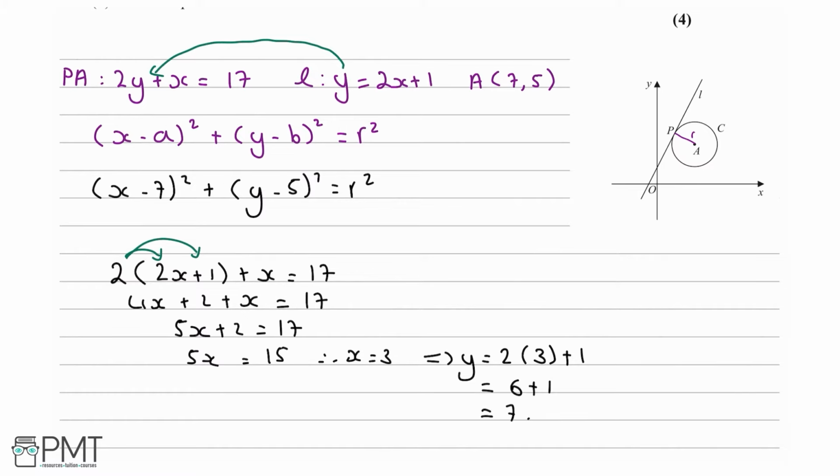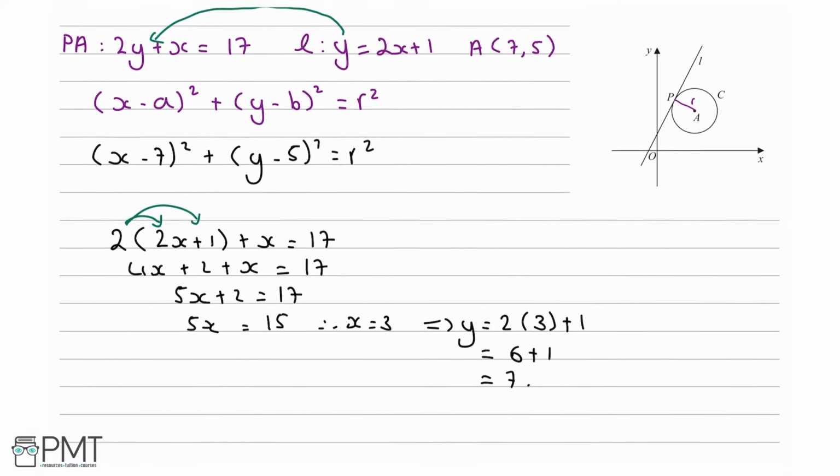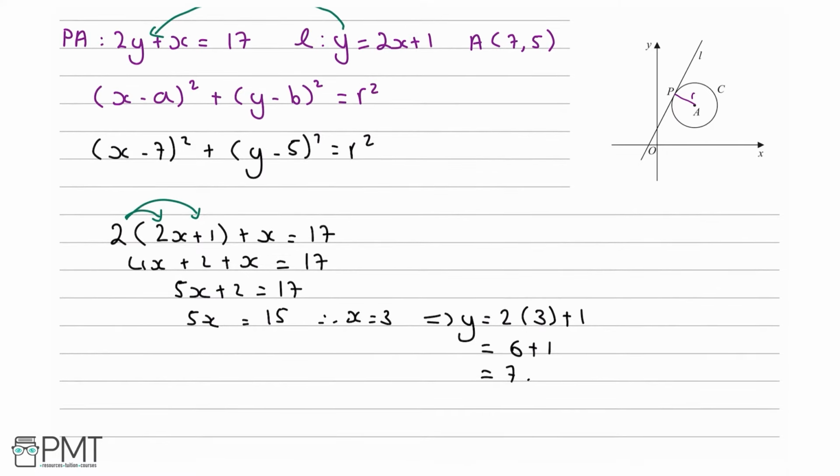Okay. So therefore, just to make it super clear to the examiner, I want to say that P is (3, 7), like that, or P equals (3, 7). Either one is fine. So next, we need to find the distance PA.